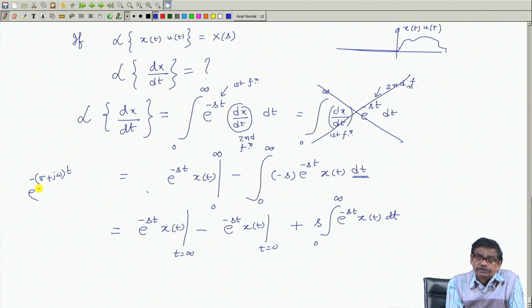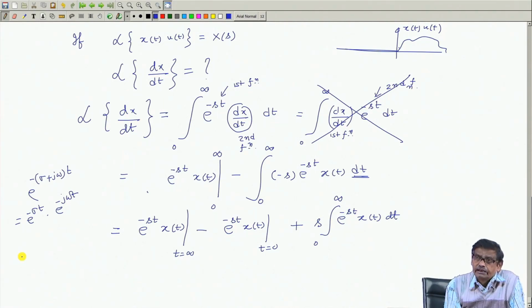What will be the fate of this term? As t tends to infinity, no matter what it is, what will be the magnitude of e to the power j omega t?